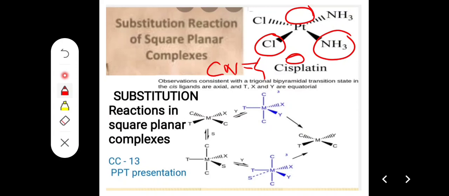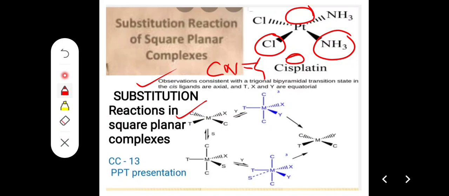The observation is consistent with a trigonal bipyramidal transition state in which cis ligands are axial and T, X, Y are equatorial. First consider this as the initial complex. The two C's are the same group and are present in trans position.